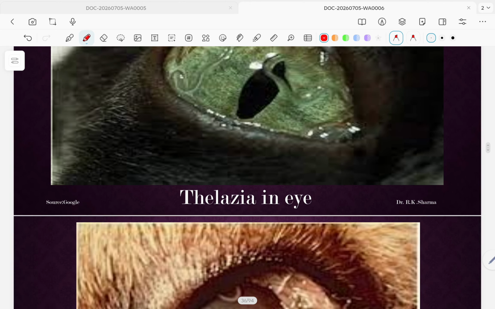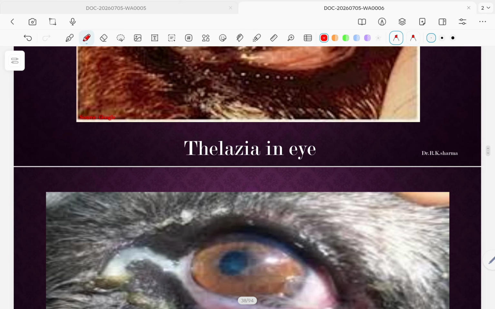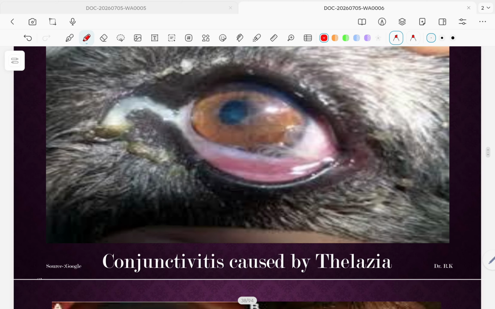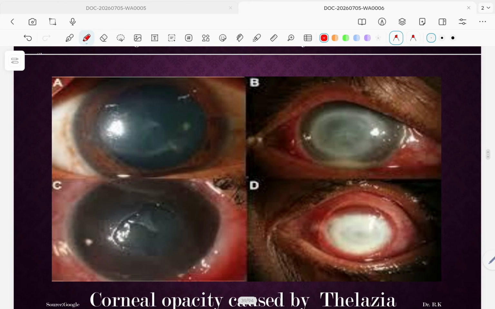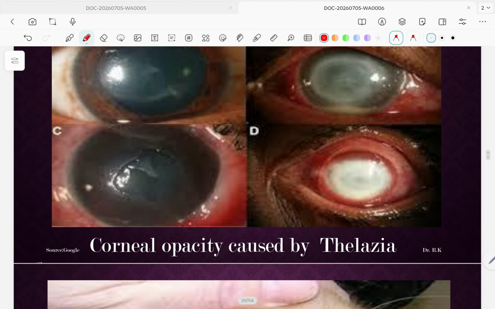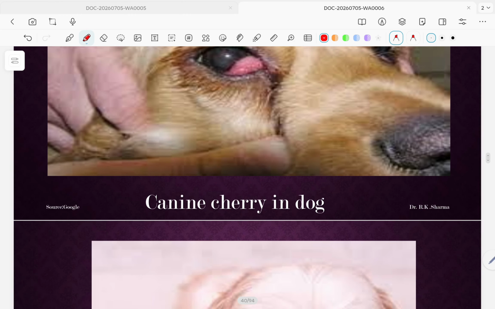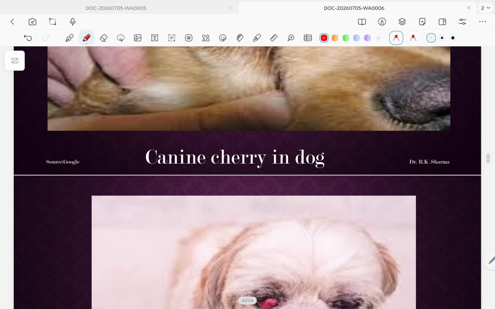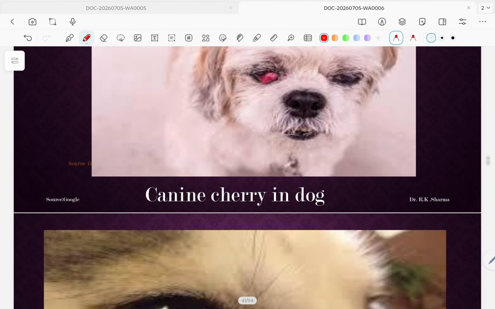Thelazia in eye. Conjunctivitis caused by Thelazia. Corneal opacity caused by Thelazia. Canine cherry eye in dog.